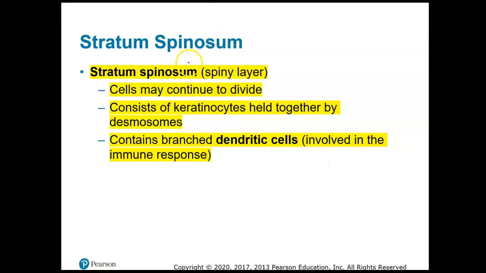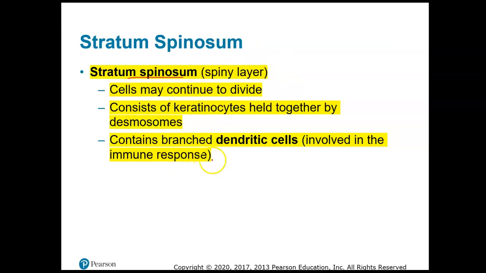All right, the stratum spinosum, under the microscope it looks spiny, and that's where it gets its name. The stratum spinosum is directly above, or superficial to, the stratum basale. The cells here may continue to divide. They're not dead yet. They are keratinocytes. They're held together by desmosomes, which remember is the strong attachment that attaches the skin cells together, so that when you shed skin cells, you don't shed them individually, you shed them in sheets or flakes.